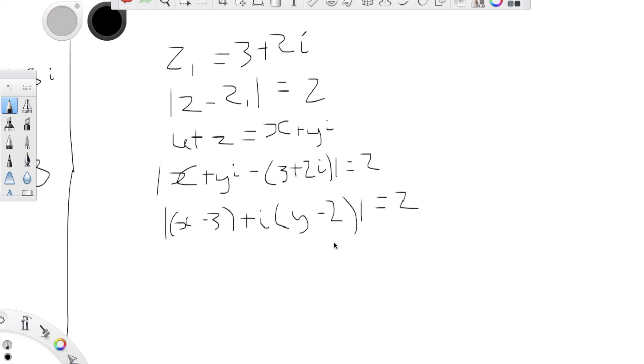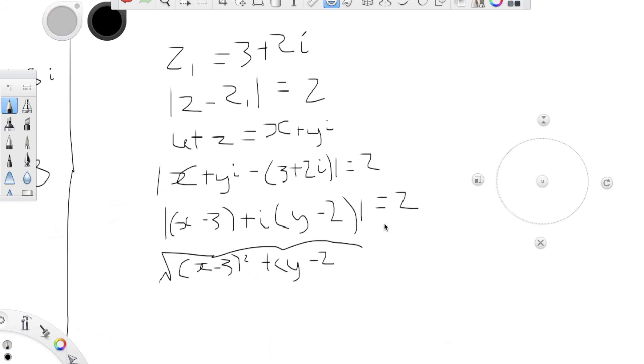This is equal to the square root of x minus 3 squared plus y minus 2 squared, and the i disappears because it's only there to denote that this is the imaginary term, equals 2.